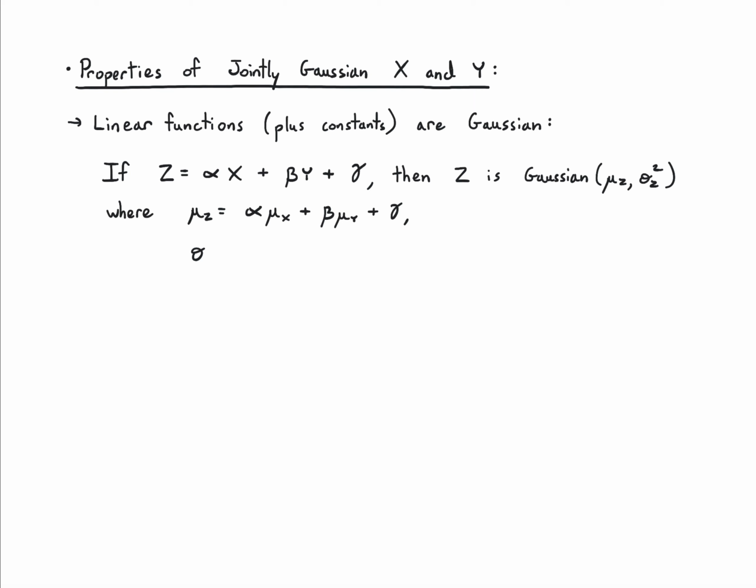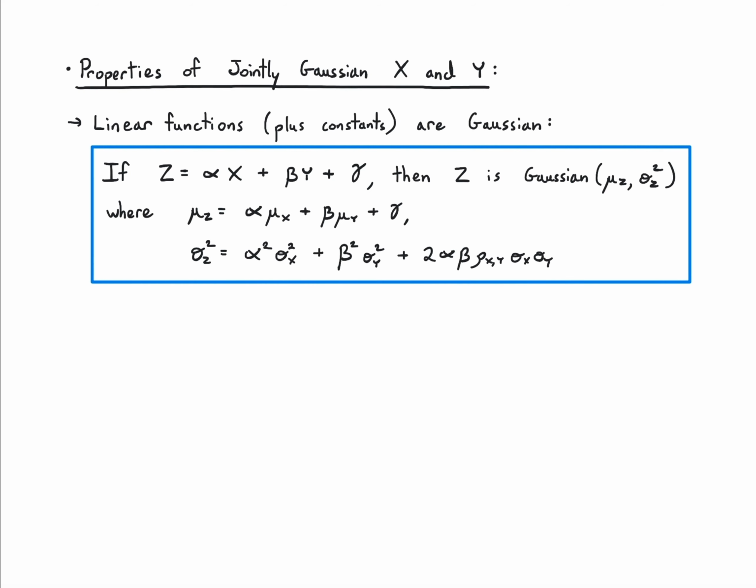So I just have alpha times the mean of x plus beta times the mean of y plus the offset gamma. And the variance I get using the formula I developed in the previous video. So it's going to be alpha squared times the variance of x plus beta squared times the variance of y plus 2 alpha beta times the correlation coefficient times the standard deviations, which is the covariance of x and y. Okay, so you can go back and see that that's true.